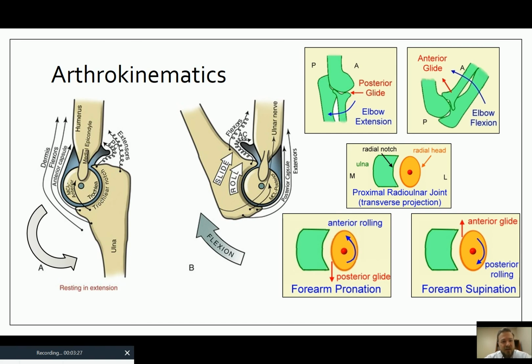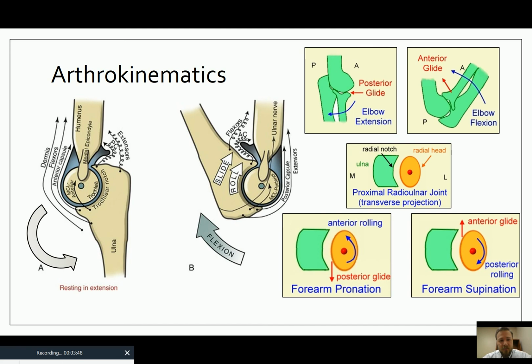And then you can see in the back the posterior capsule and the extensors are being put on slack. You're also getting some bony abutment of the trochlea into the trochlear notch there, or the olecranon notch, excuse me. And so you get a hard end feel, which we'll go over end feels later.